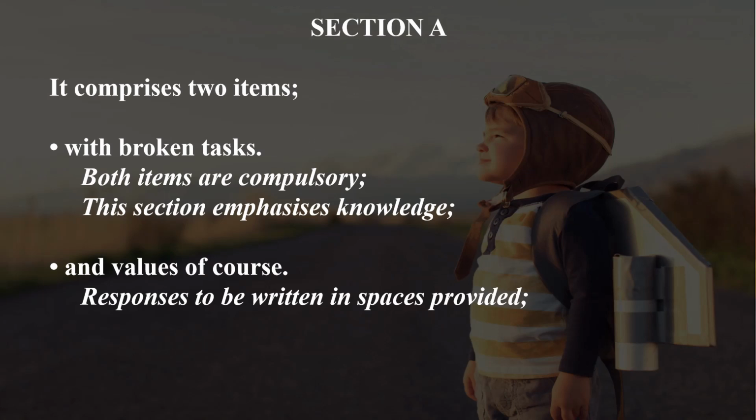This section only emphasizes your knowledge and how you value something. Yes, it will also assess your values. The responses to these items in section A shall be written in the spaces provided.